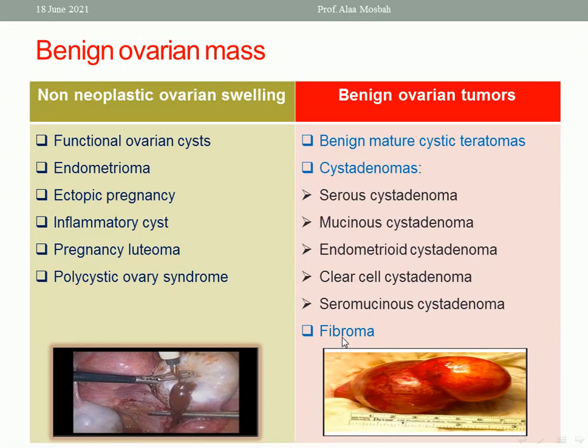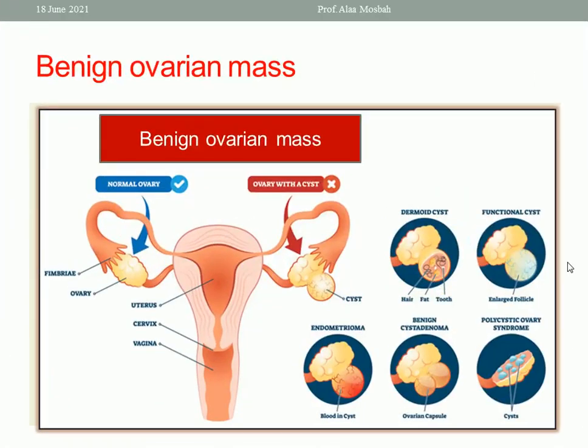And the third type of tumor is the fibroma, which is also benign. So we have benign mature cystic teratoma, which is the dermoid cyst, and cystadenoma, and fibroma. This is as regards the benign neoplasms.